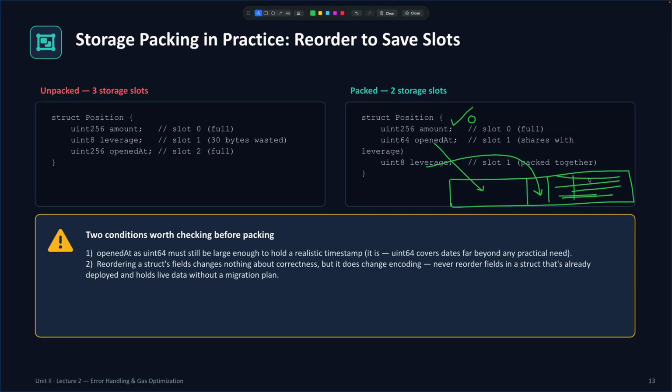So what we have done is change our openDate data type from uint256 to uint64. By doing so, we have brought the storage slots down from 3 to 2. This is storage packing in practice.